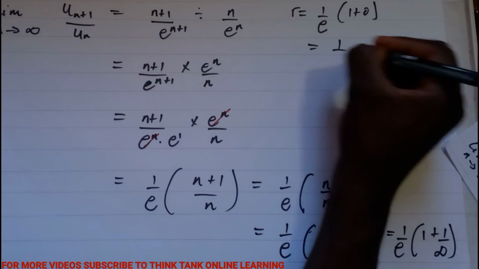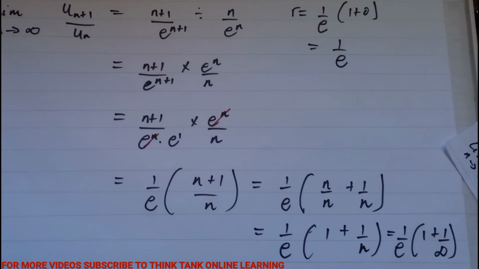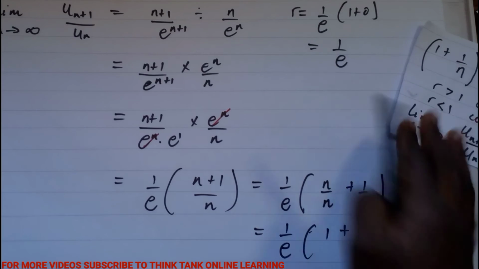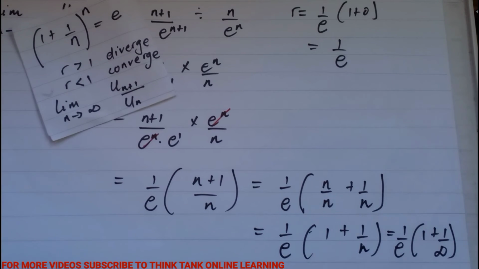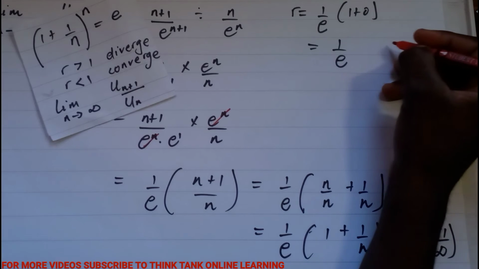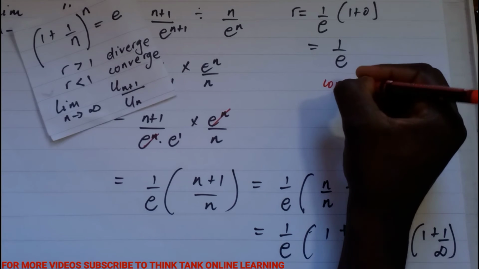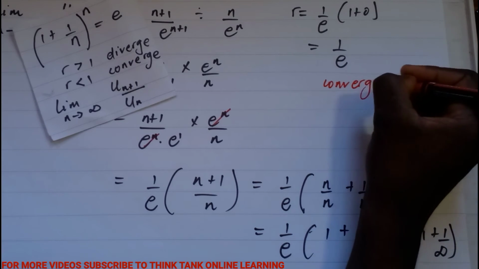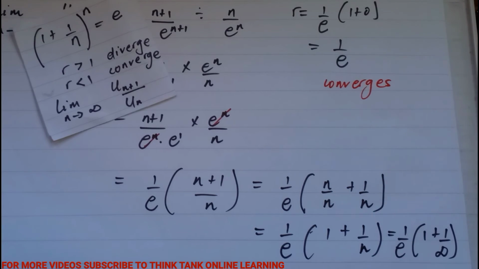That means r is going to be 1 over e. But you know that 1 over e, which is something like 1 divided by 2.7, is less than 1. So r is less than 1, and this series converges.